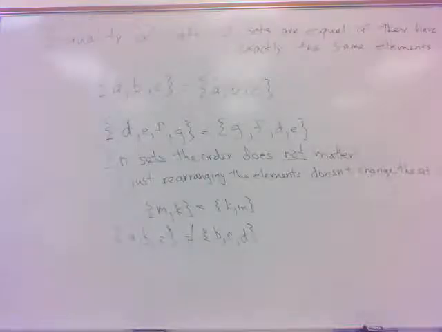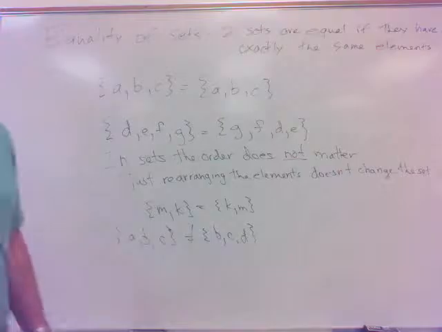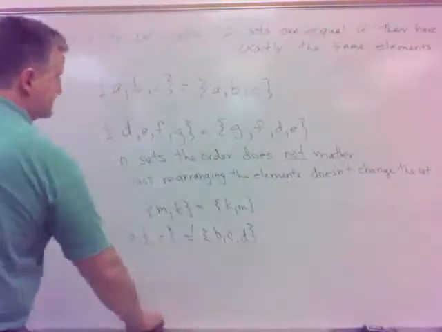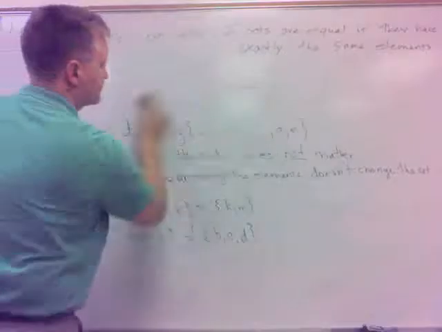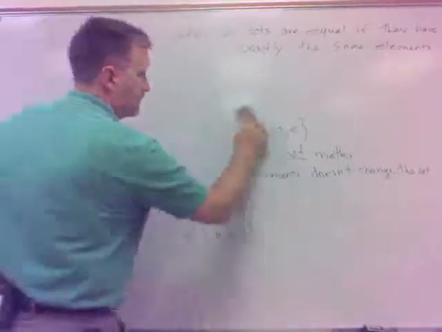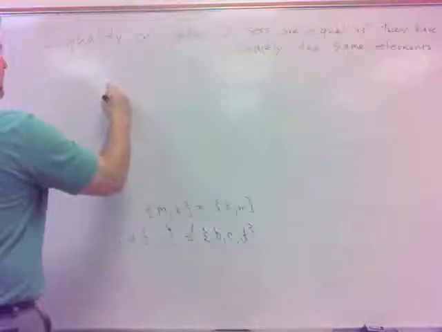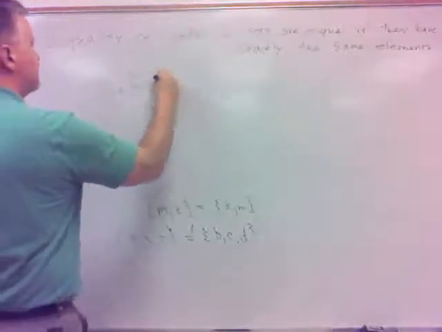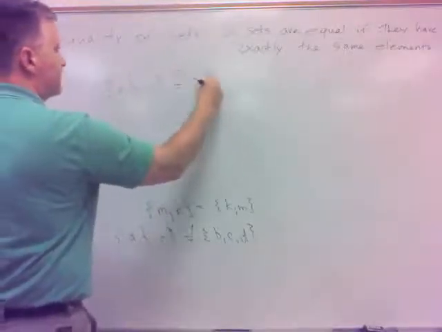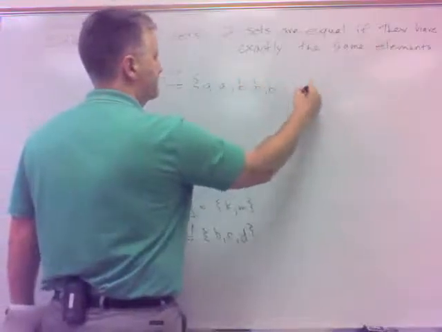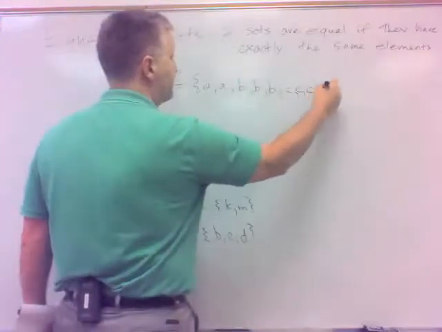Now here's another little issue. Rearranging doesn't change, but what about this? ABC, does that equal AA, BB, B, C, C, C, C?